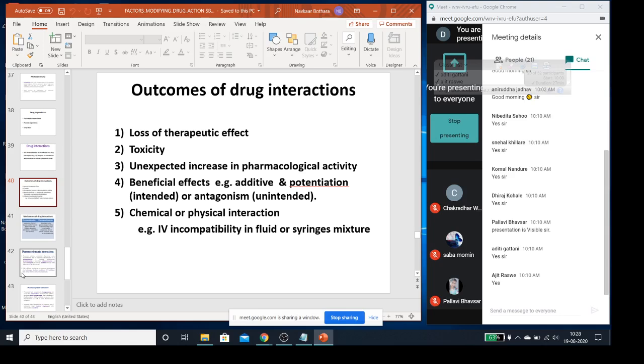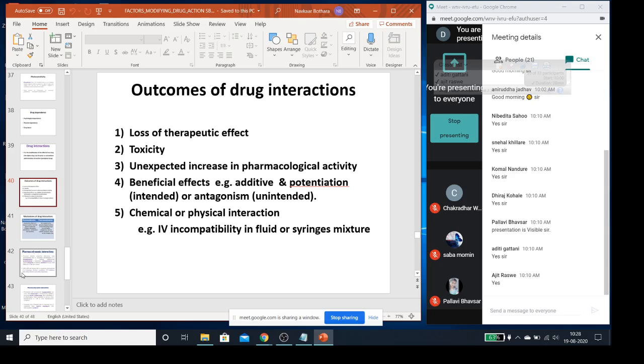Beneficial effects are also there, because we have seen that when two drugs are added, we can see additive effects or potentiation, that is synergistic effects. These are intended. There can also be antagonism, and antagonism can be intended only sometimes.